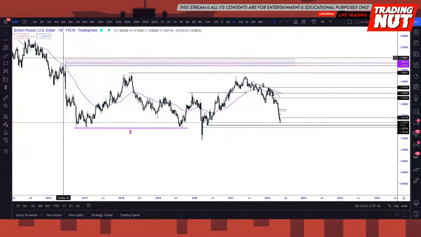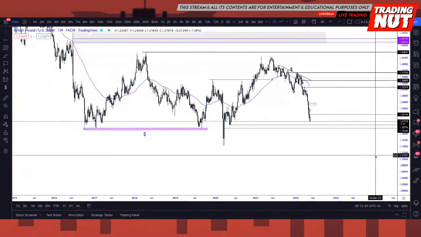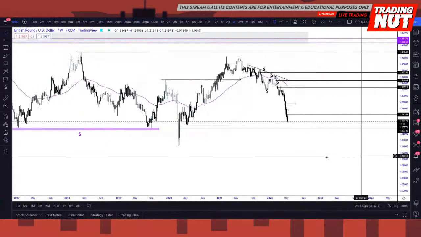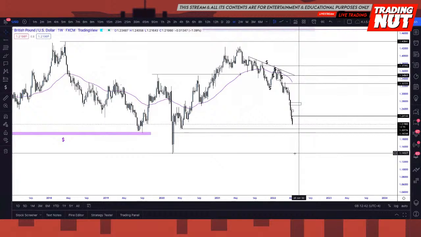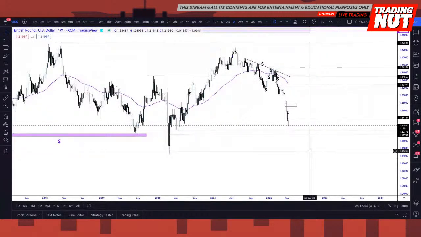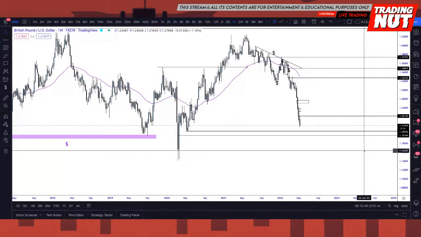I think this wick might even be taken out, okay, and that would come in alignment with fundamental weakness expected on the dollar. In my opinion, the dollar is doomed. Obviously, the inflation is already kicking in, the hyperinflation. And I don't really pay much attention to fundamentals.